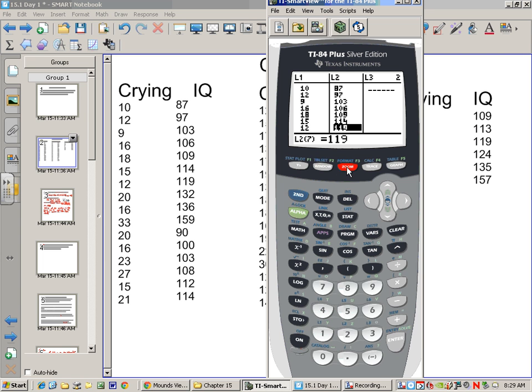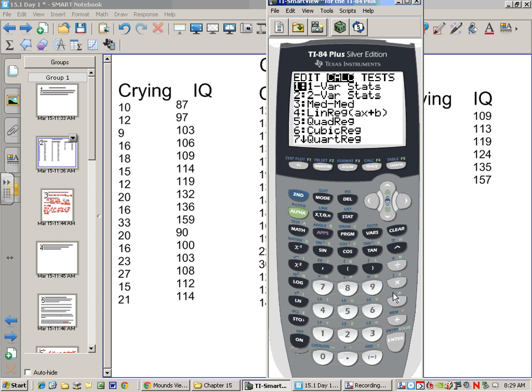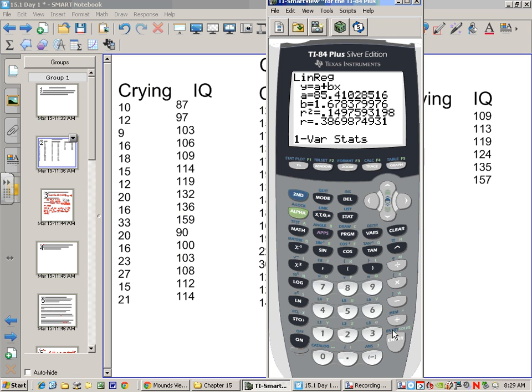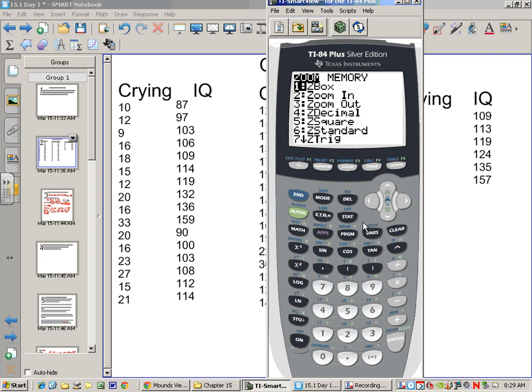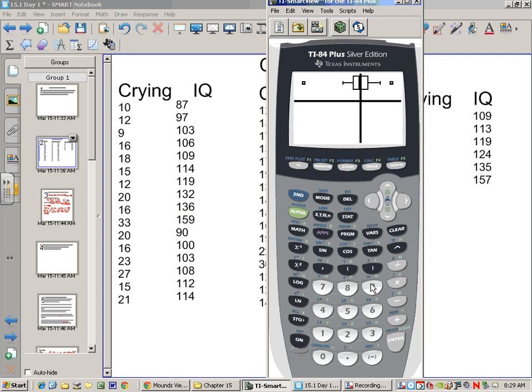And if I hit that, I can hit zoom 9 again. Oh, we'll have to do the residuals. L1, L2, zoom 9. Let's see if that worked out.